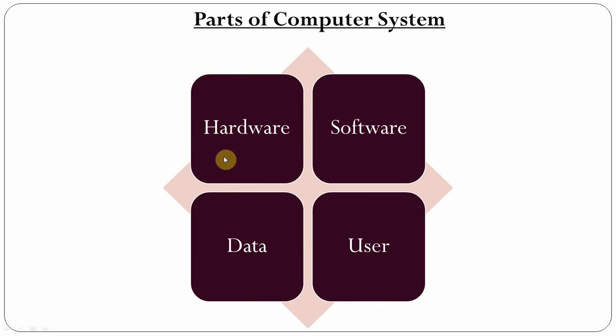So, what is hardware? Hardware is the physical part of a computer. Computer hardware consists of electronic devices, the parts you can see and touch, such as the keyboard, monitor, mouse, speaker, etc. So, hardware is the physical part of a computer system.